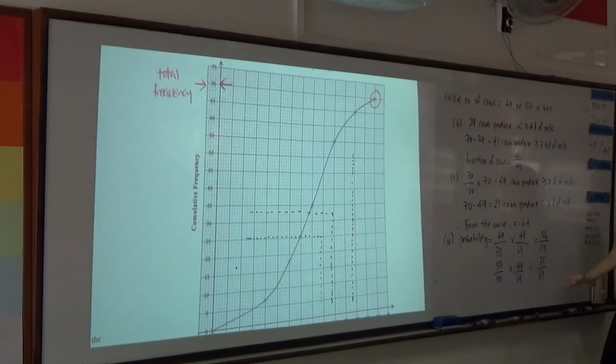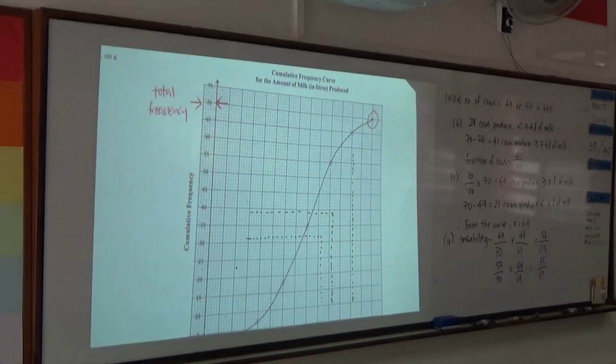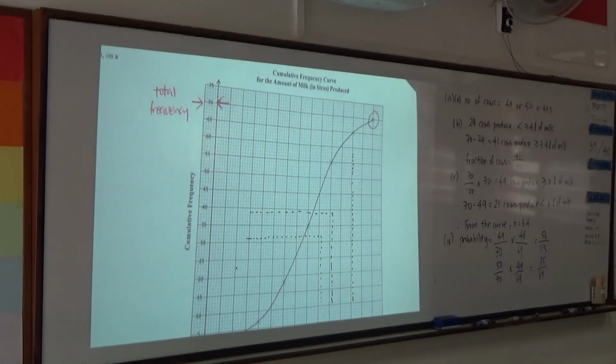I'm left with 48 cows, because we are choosing 2 cows. That's why it's without replacement. So in my second choice, I take away 1, and then my total cows also take away 1. That's why we multiply and get the answer. Okay? Questions?